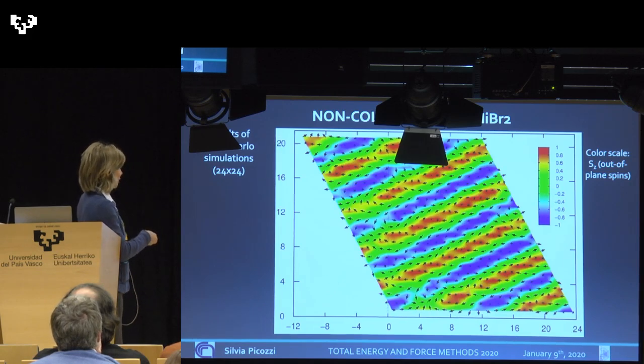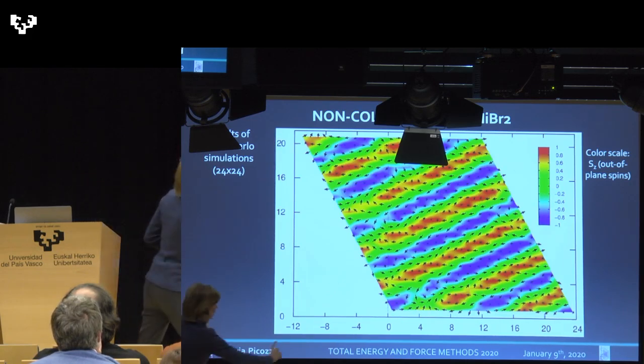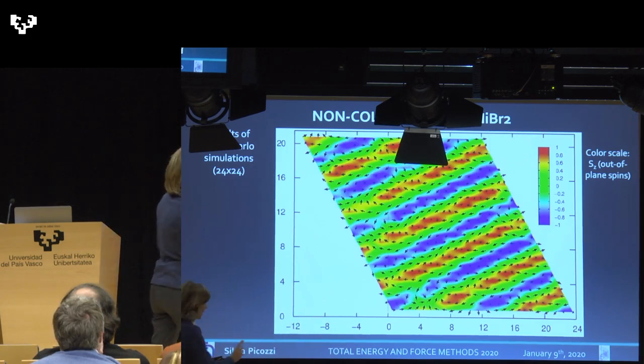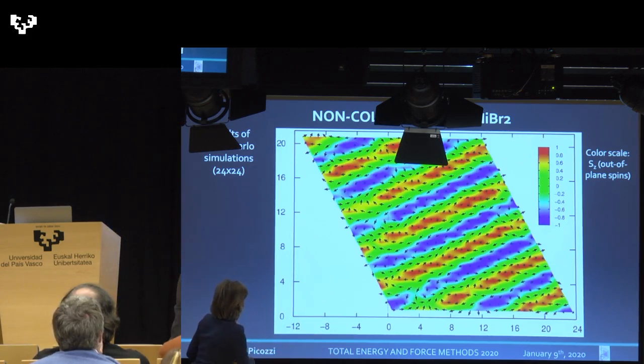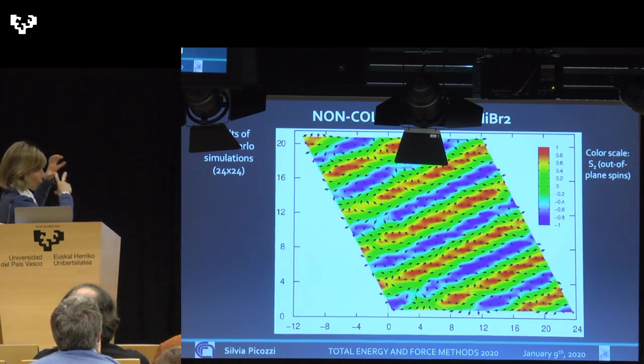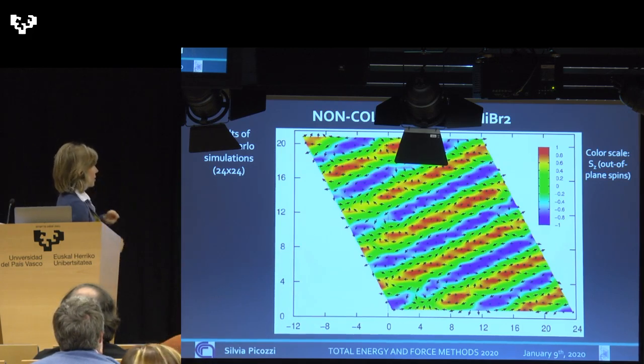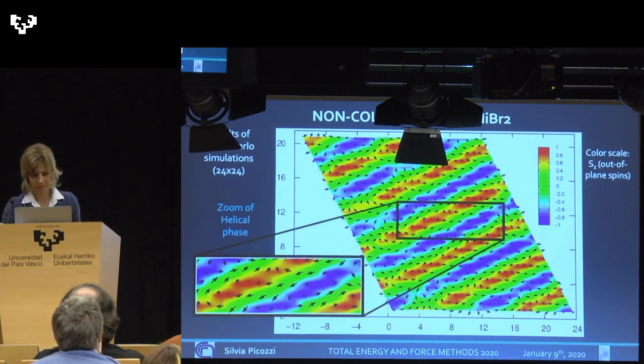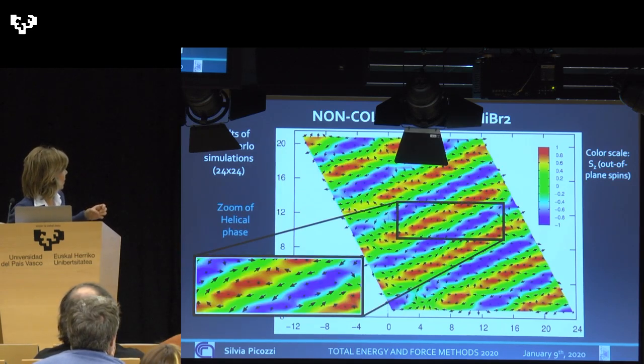This is 24 by 24 spins. So you see a cycloid running like this. And at the same time, the Z component is also changing. So it goes from negative to 0 to positive to 0 to negative and so on and so forth. So you have some exotic magnetism even in nickel bromide. You can zoom in to understand better.